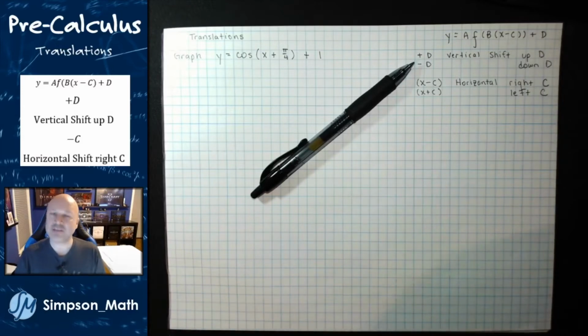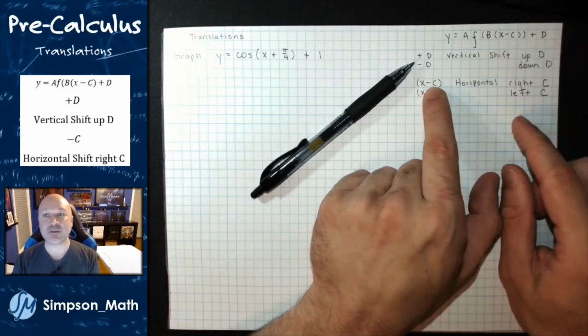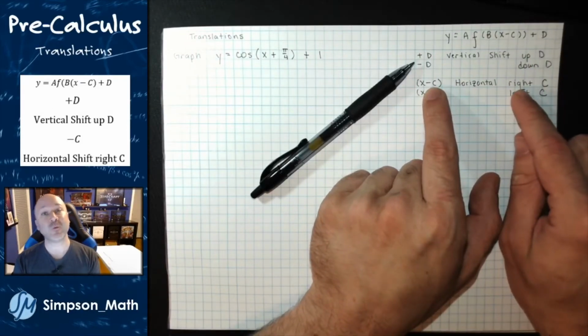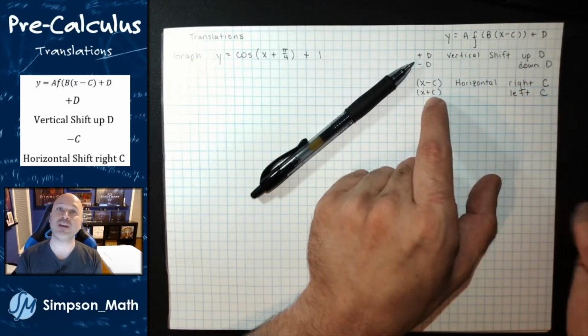To see that, just go through the motions of graphing a few of these and plotting points, and you'll figure out, oh yeah, when I plug in this value, it does end up over there. But I know I'm just applying the rules here. The rule says if you have a c that follows a minus sign, you need to go in the right direction. If you have a c that follows a plus sign, you need to go in the negative or the left direction.